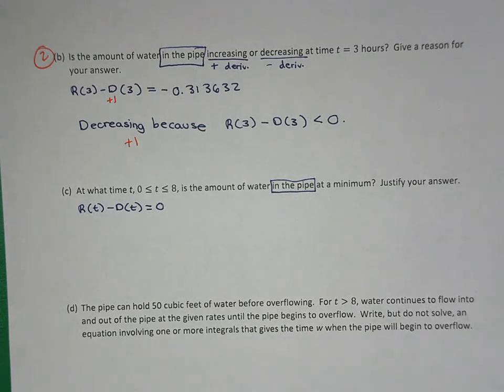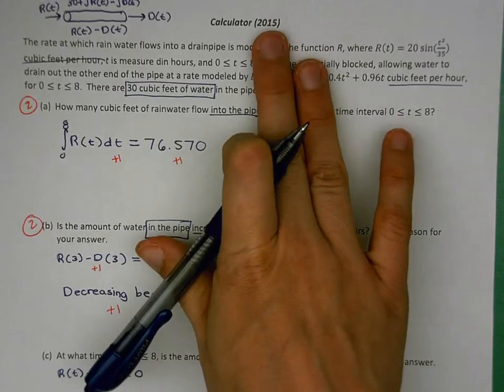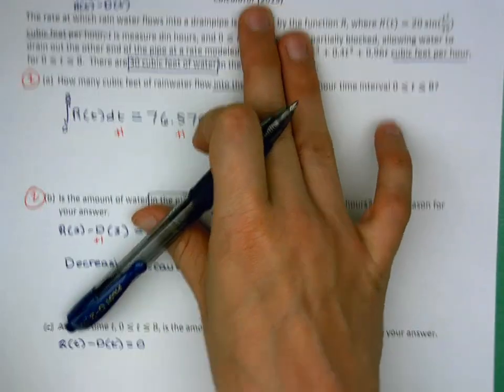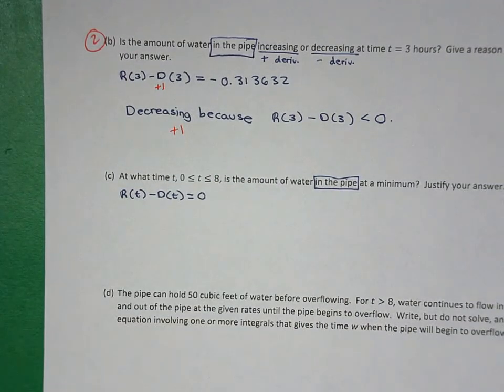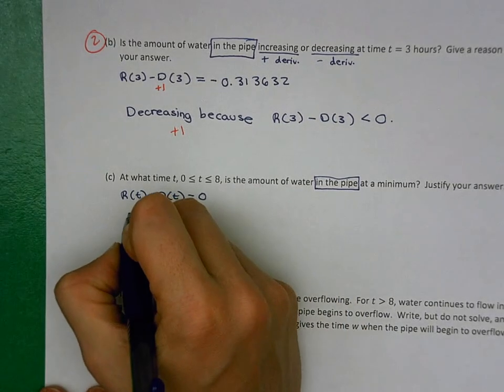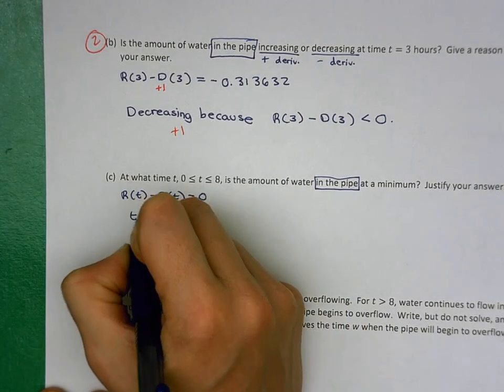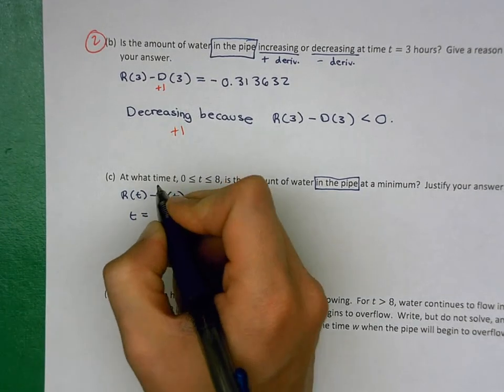This year, 2015, this one was a calculator one, so they plugged y equals R of t minus D of t into their calculator, calculated zeros, just like I demonstrated on the last problem, and you would get 2 zeros technically, at 0 and one other value.